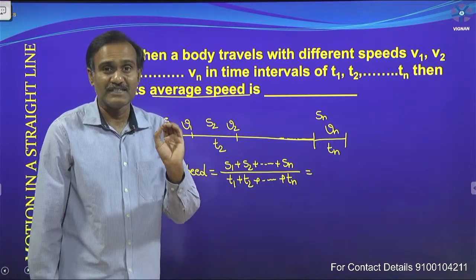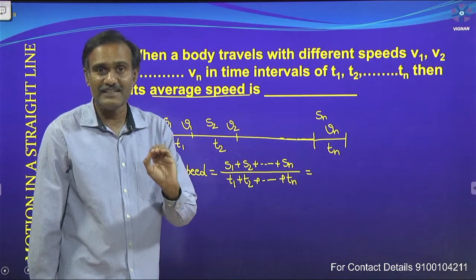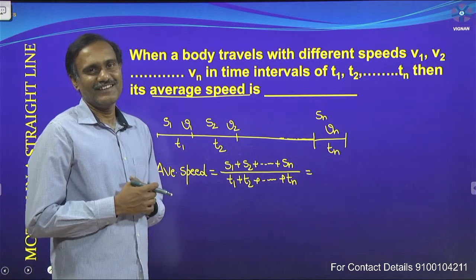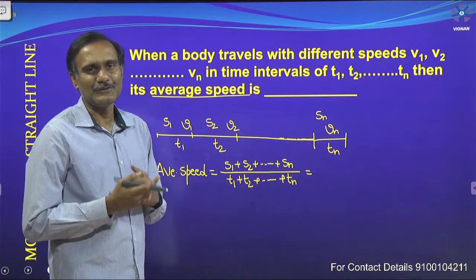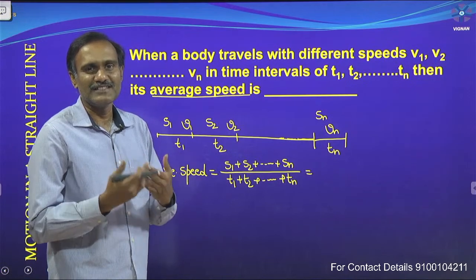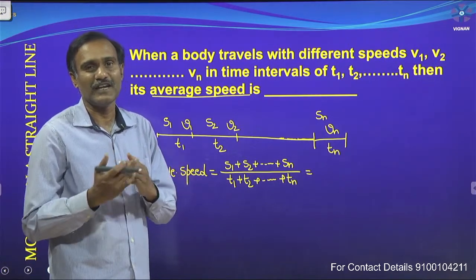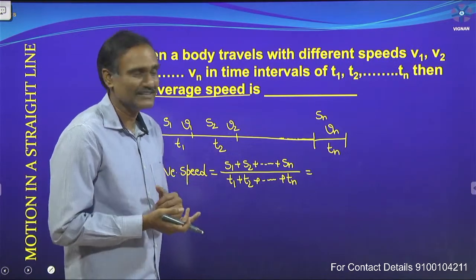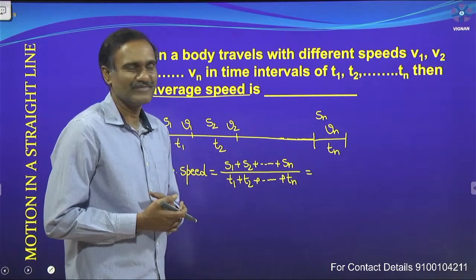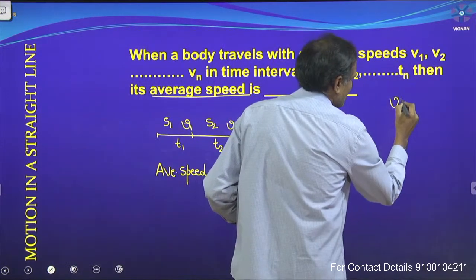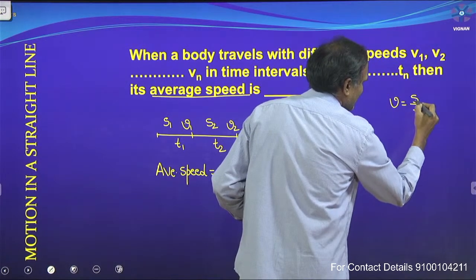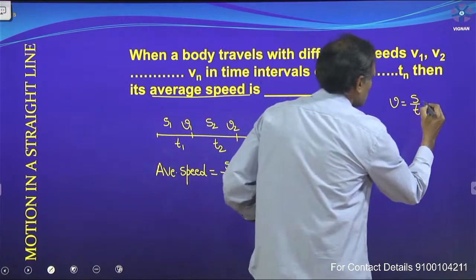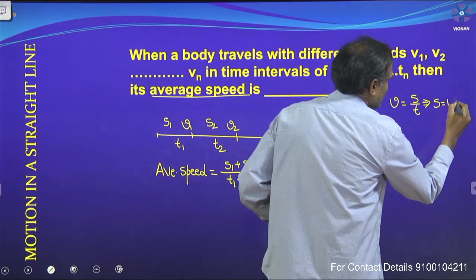Now this is equal to, what is s1? Distance travelled by the particle in t1 seconds with average speed v1. Already you know that average speed is equal to distance divided by time. Therefore, distance is equal to average speed into time interval. So, instead of s1, I want to use v1 into t1. v is equal to s divided by t, so s is equal to v into t.